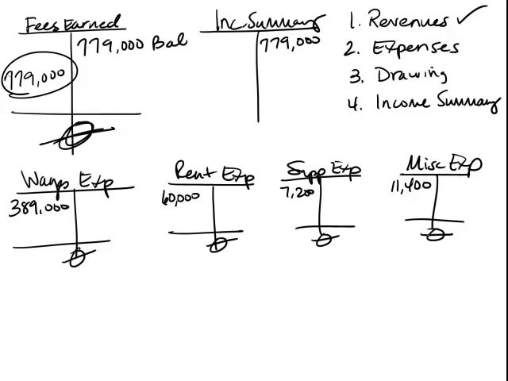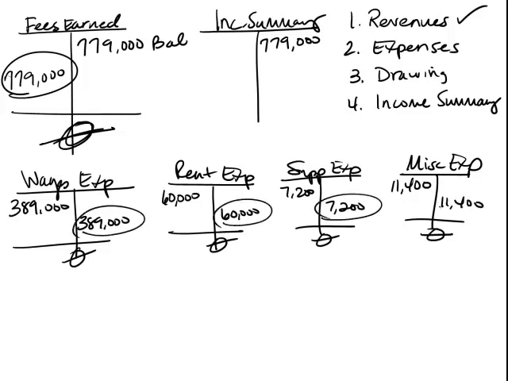How do we make all those 0? With a debit or credit? Credit. So we're going to credit each one of them for their balance. All 4 of these, we've got to credit each one of them individually for their respective balances. That credit brings the expense account down to 0, each one of those.